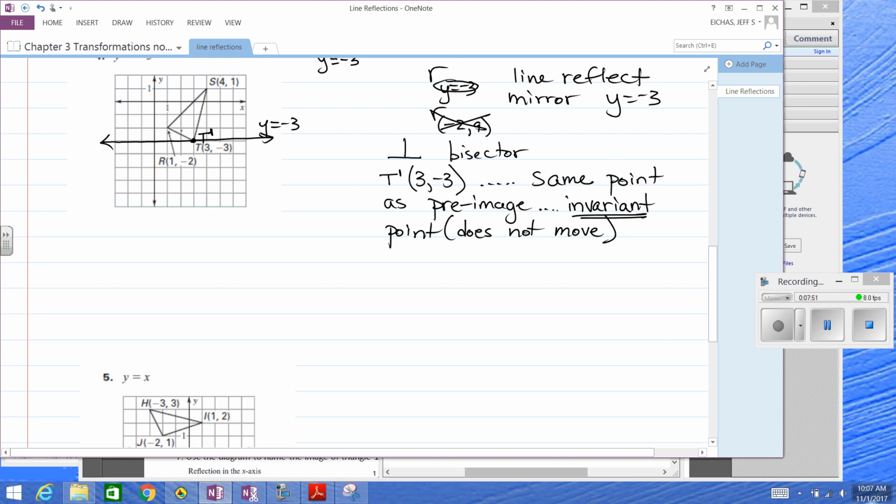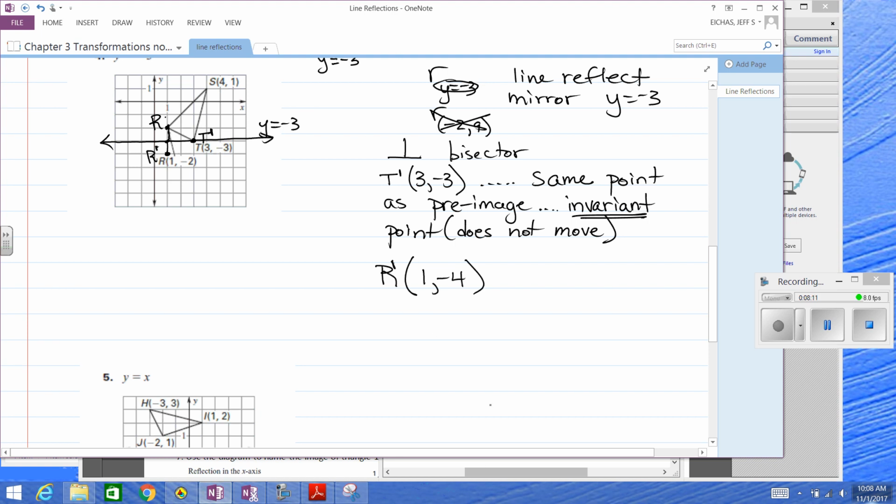All right, let's go through this. So if this point is R, and it is 1 away from the mirror, it's going to go another one. That's going to be R prime. And then that location looks to me like it's 1, 2, 3, 4. It looks like 1, -4 is going to be R prime.